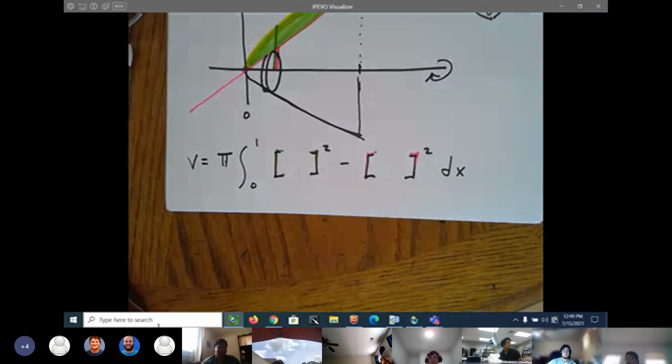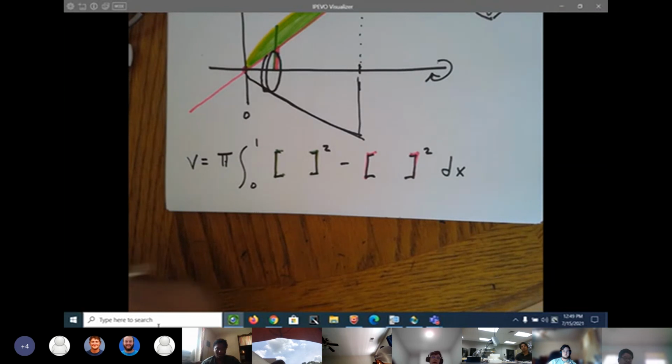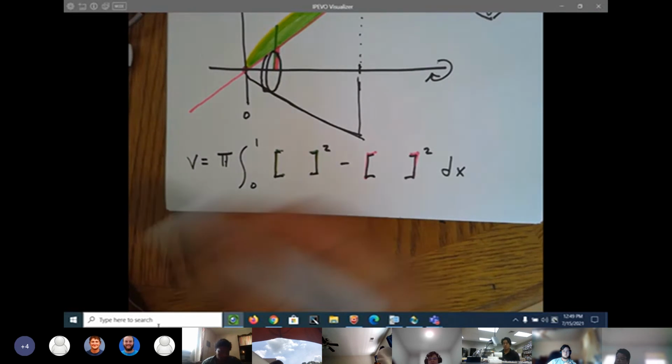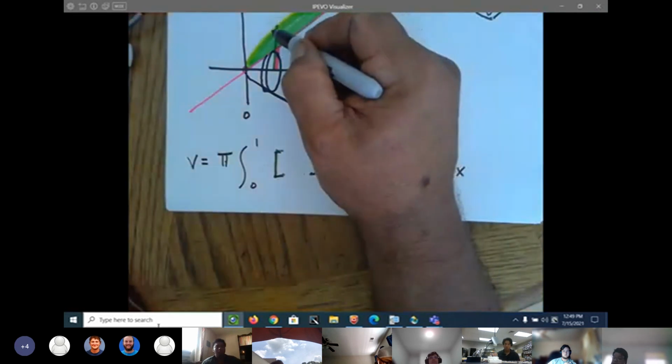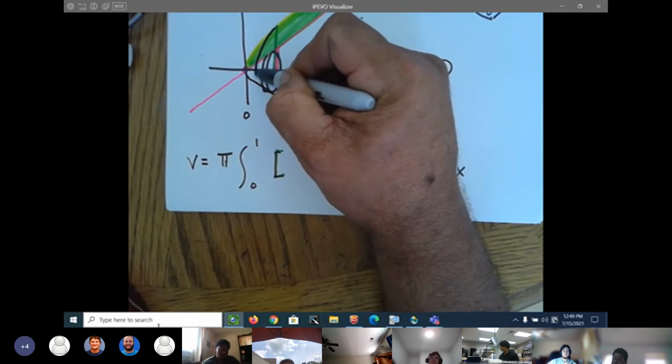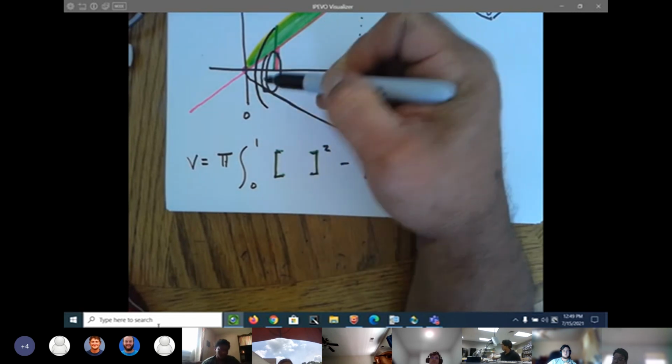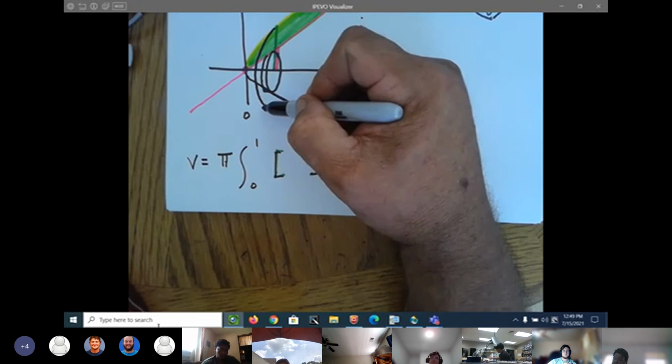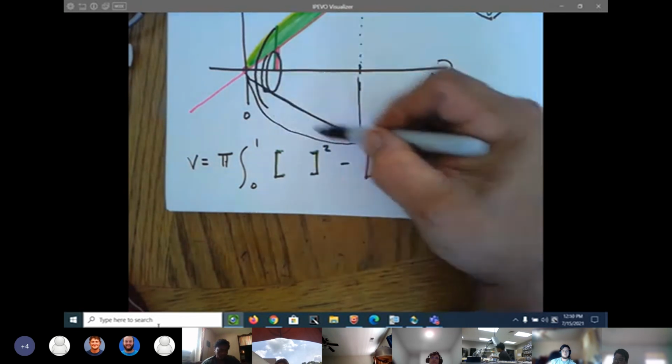So what is my outer radius? I'm sorry, I got to draw. I should have drew the washer. Hold on. I don't know if I can do this without messing my picture up. Let's see, this is like that.